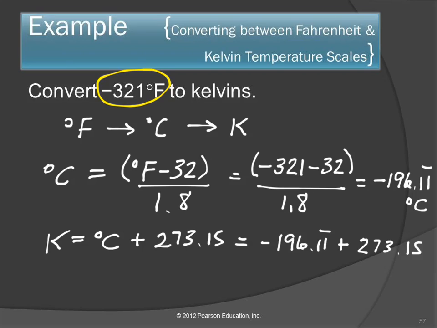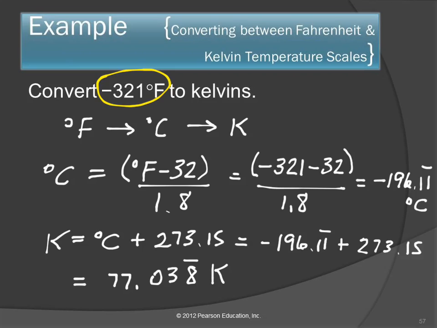I'm just going to add plus 273.15. And this tells me that the Kelvin temperature is 77.038, and those 8s are repeating. Kelvin. Is your calculator cooperating?